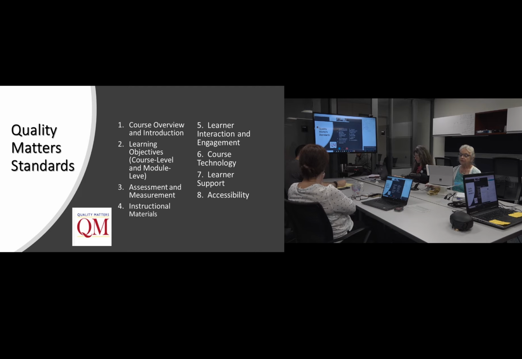And below that are assessments and measurements, and they have to be in alignment with number 2, the standard 2, as well as our instructional materials, our learner interaction and engagement, course technology, learner support, and accessibility. And those kind of are the main structures to develop a course.